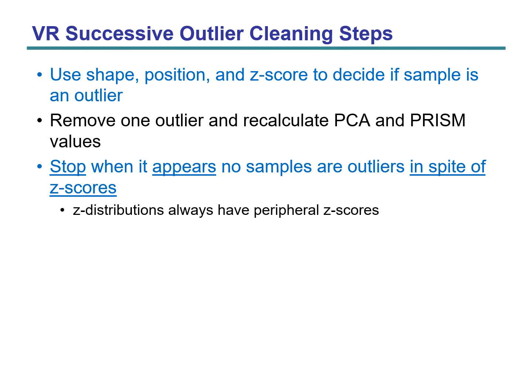So if there's an outlier, we just remove the one outlier, and then we recalculate the whole PCA and all the prism values again, and then all the new prism X, Y, and composite glyphs are thrown into VR, and we can explore them and decide if there's another outlier or not. And then we stop, like I said, when it appears no samples are outliers, in spite of the z-scores. So again, towards the end, it's all about what it looks like and position, not so much the z-score value.